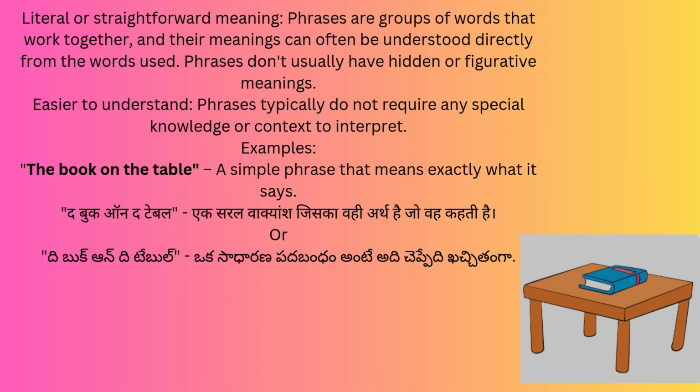Phrases don't usually have hidden or figurative meanings. Easier to understand: phrases typically do not require any special knowledge or context to interpret. Examples: the book on the table, or a simple phrase that means exactly what it says.